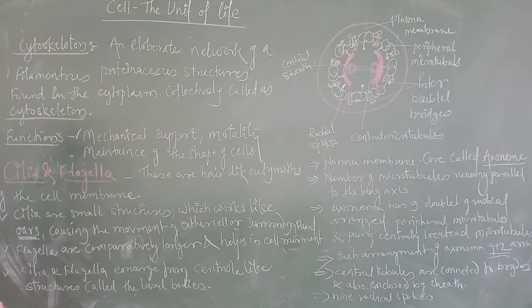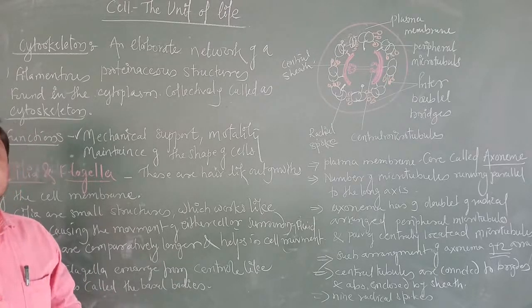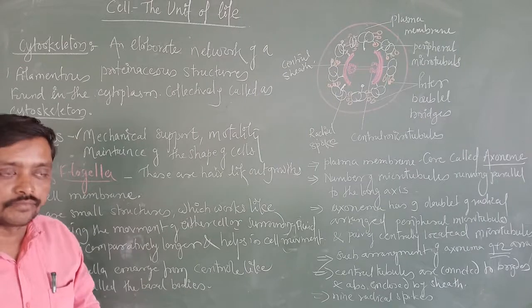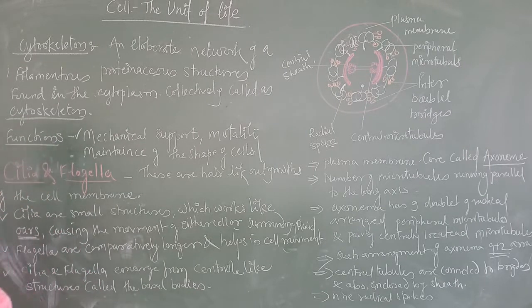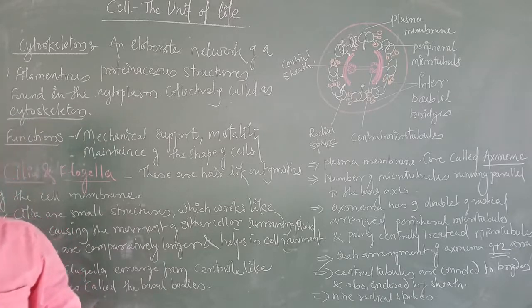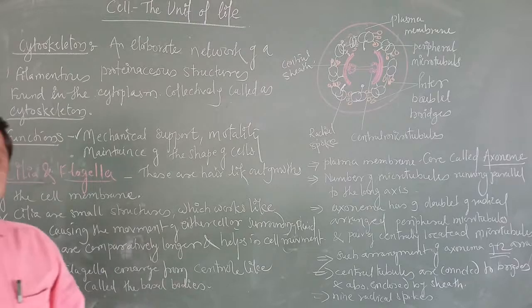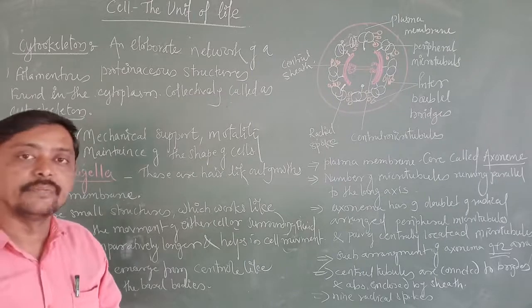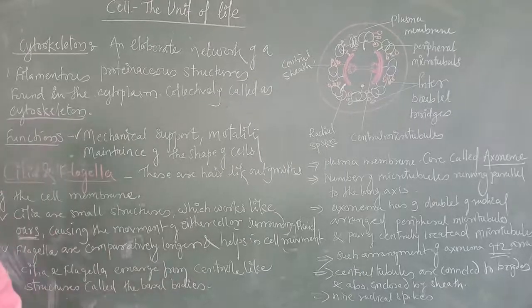In the previous class, under the chapter Cell: The Unit of Life, we discussed plastids. Plastids contain specific pigments, and based on the presence of specific pigments, we study the different types of plastids: chloroplast, chromoplast and leucoplast. We studied the pigments present in different types of plastids and their functions.